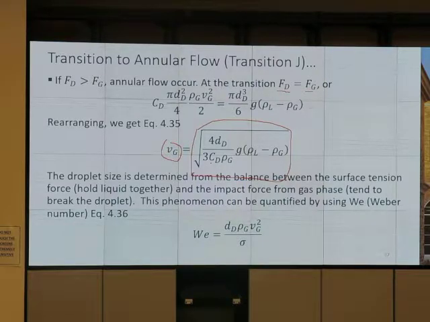How do we do this? Where are those numbers from? Let's take a look at it. The droplet size is determined from the balance between the surface tension, the force that holds everything together, and the impact force from the gas phase that tends to break it apart. This phenomenon is quantified using the Weber number, to quantify the droplet size.